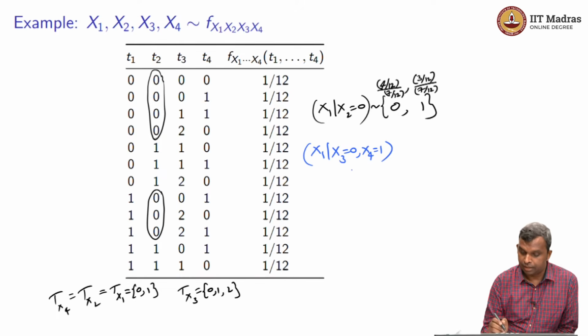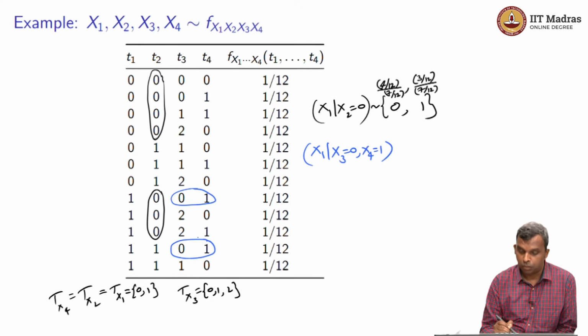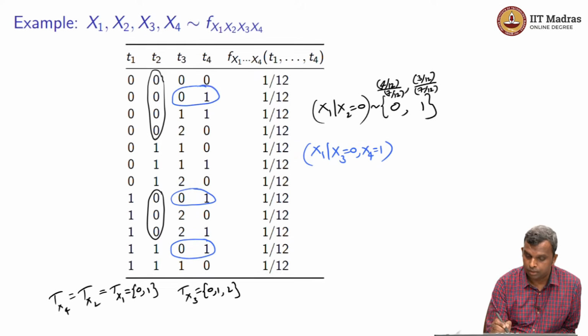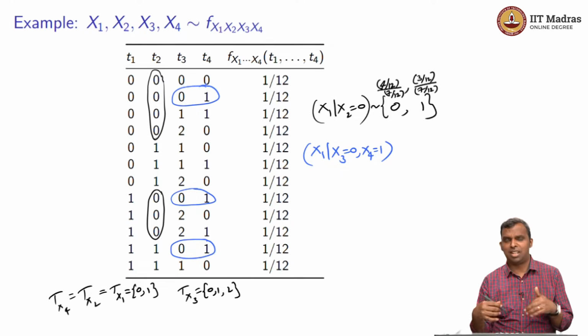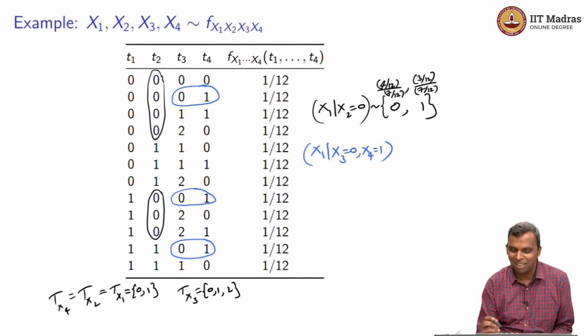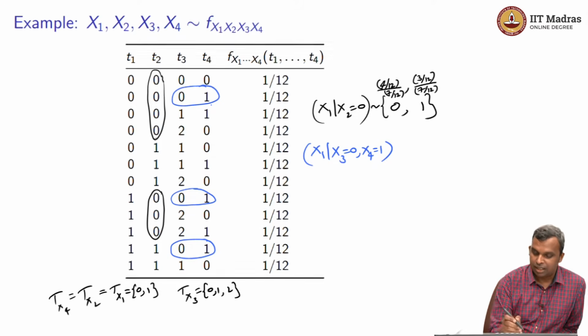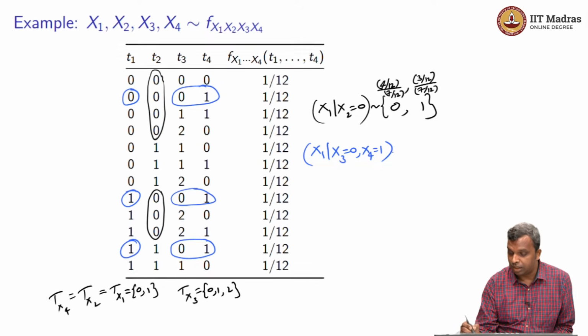Okay. What is x3 0, x4 1? That's here, right? That's here. Notice, okay, there's one more here. Sorry, forgot this. So the number of cases is sharply decreasing, even in this table. But anyway, it's there. So we see here that this corresponds to 0. These two correspond to 1. Okay. So the range is 0, 1 again.